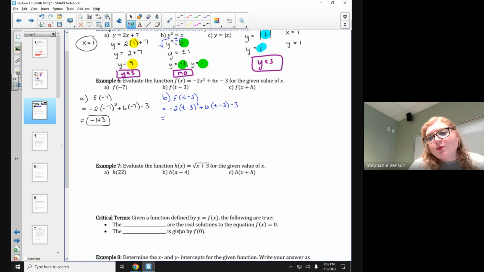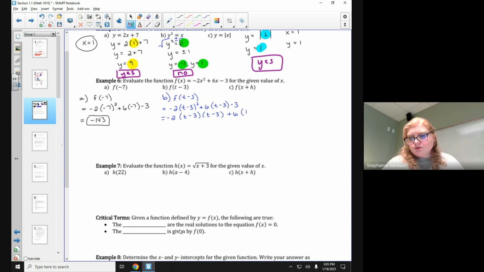So to rewrite this, we have negative 2 times t minus 3 times t minus 3, and I'll just carry down the rest of it, plus 6 times t minus 3 minus 3. So I'm going to FOIL this part right here.